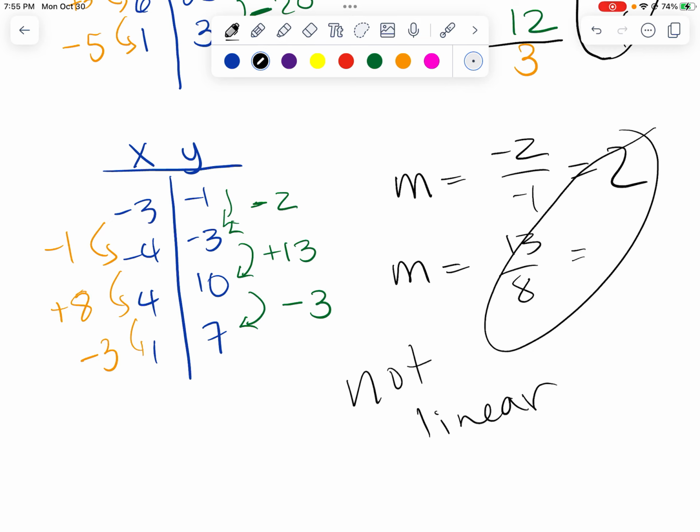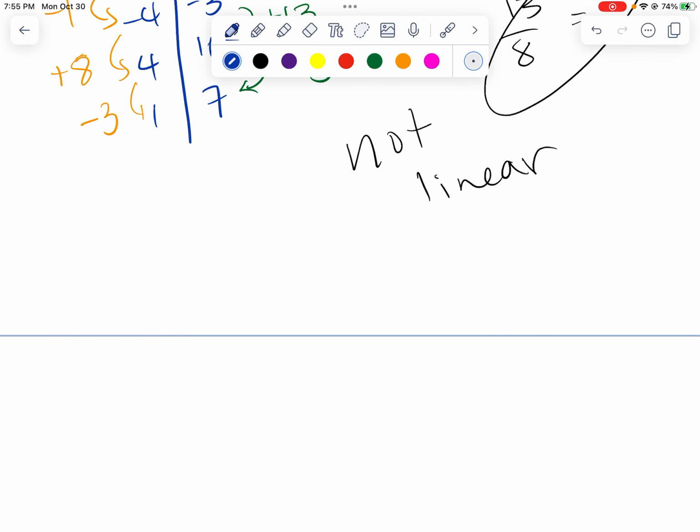Let me do a better job at this, because one of these was supposed to come out nice, but I didn't do it right. Let me give you some other ones, and we'll do another one.